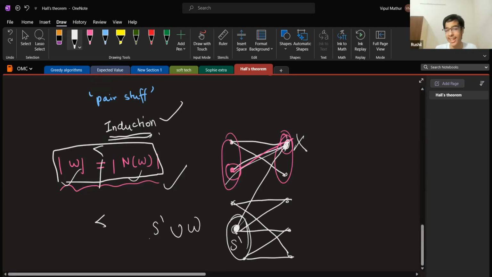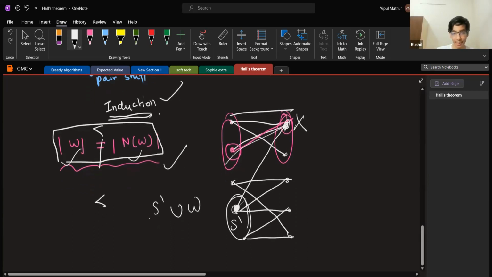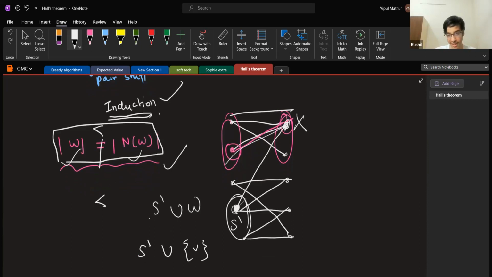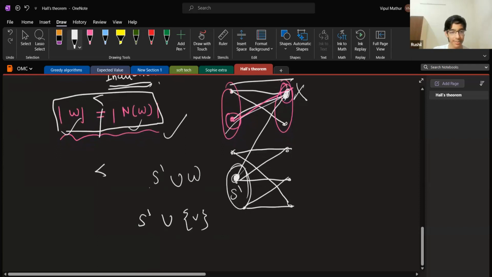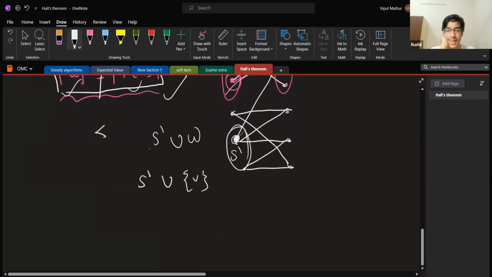So then the idea is you can actually do whatever you want for your first choice. Because if now there's a contradiction, that means that earlier there must have been equality. Again, I'm not going too much into depth, but the point is if there's a contradiction for S dash, then take S dash union the thing you just deleted, and there you would have equality, and so it would become a problem.